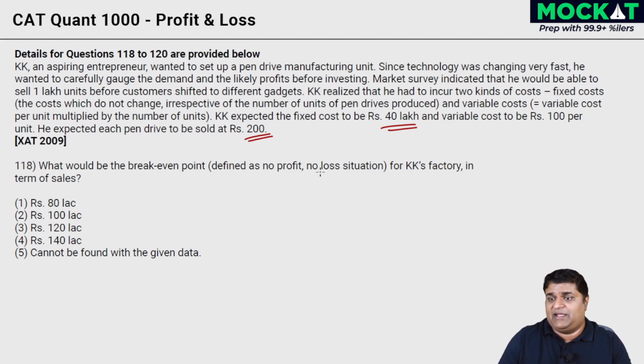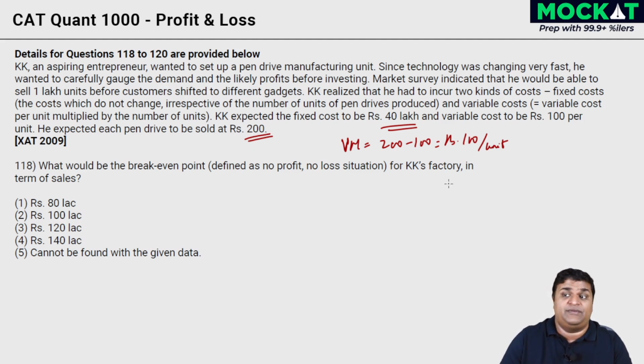So what would be the break-even point, defined as a no profit, no loss situation, for KK's factory? We have a direct scenario over here, variable margin, as I've told you in the profit and loss lesson. 200 minus 100, that's 100 rupees per unit that I'm making after covering my variable cost.